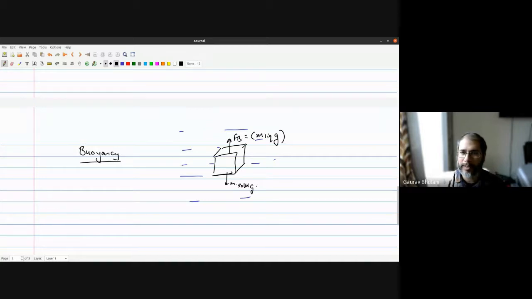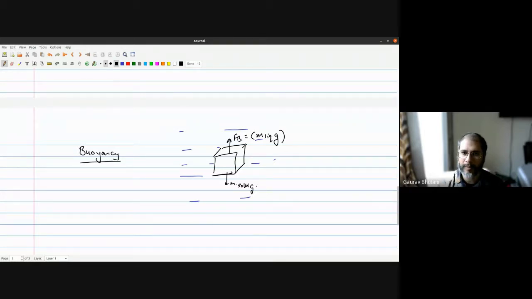Now, can somebody comment, just think, is there any relation between force of buoyancy and pressure? Think from a molecular perspective.